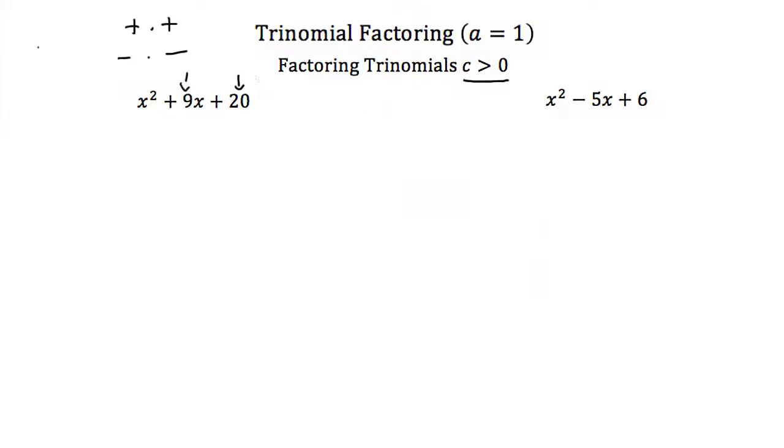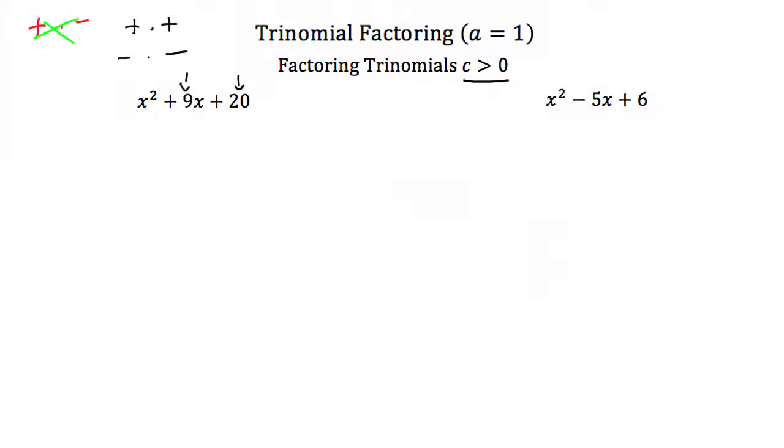If you ever multiply a positive and a negative, you'll end up with a negative number. So the fact that our constant term here, 20, is positive, that means we need to have two positive numbers or two negative numbers multiplied together to get us a positive 20.